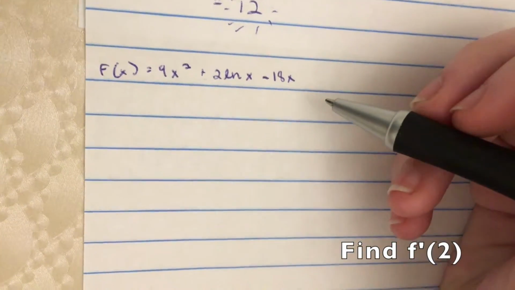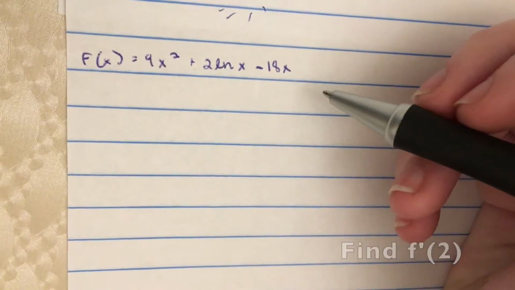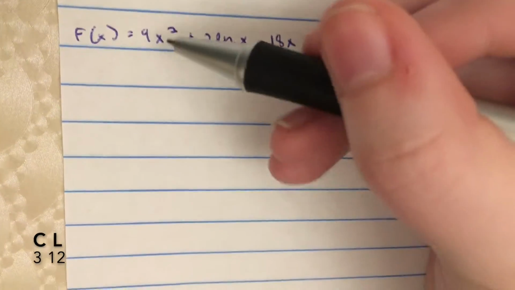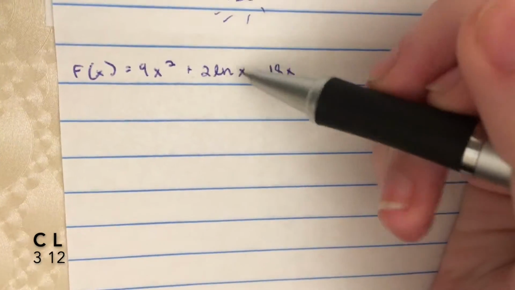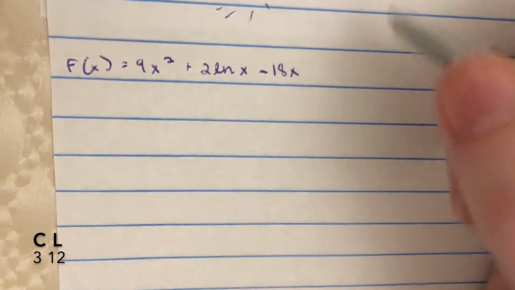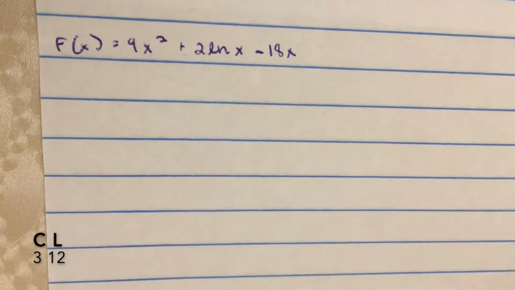Okay, so the next problem is f of x equals 9x squared plus 2 ln x minus 18x. So now we have to take the derivative.